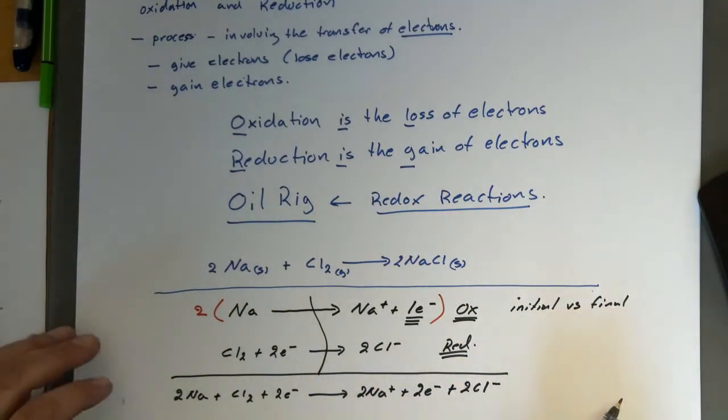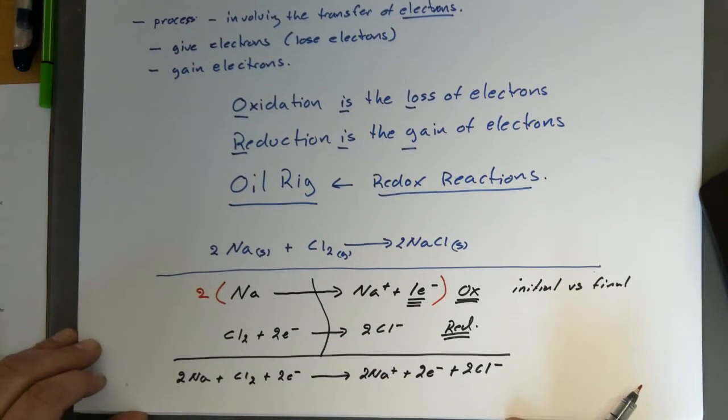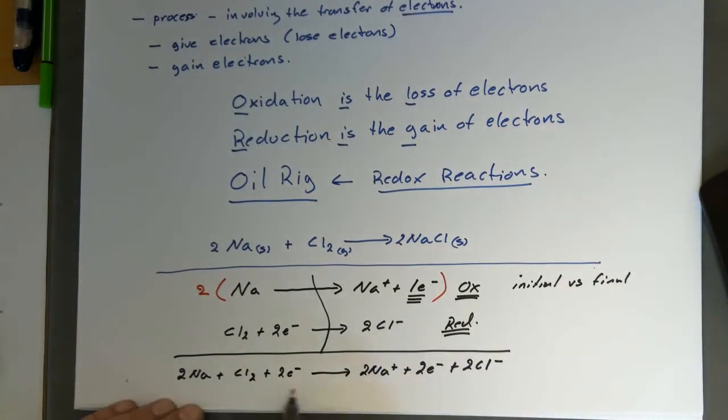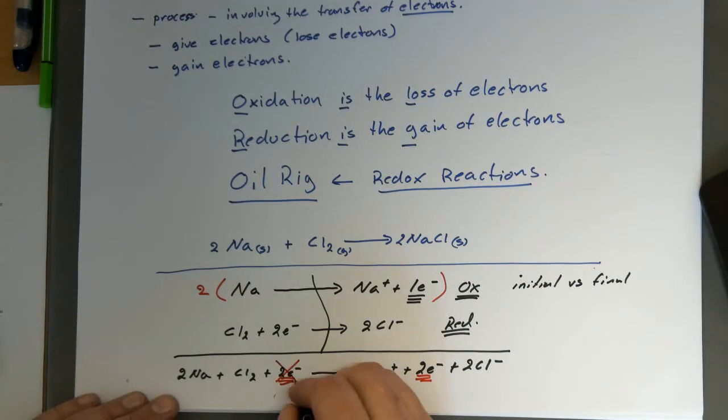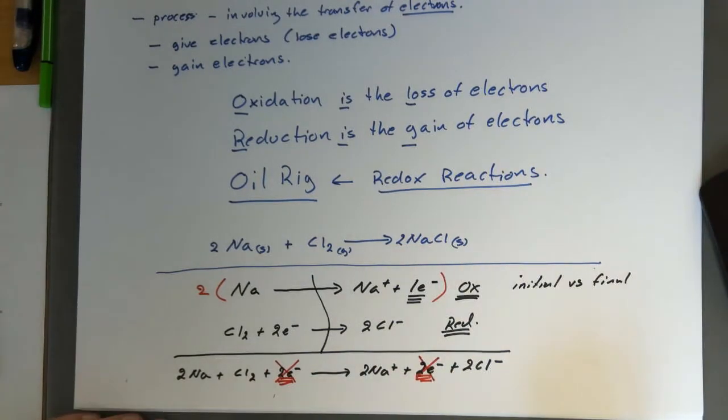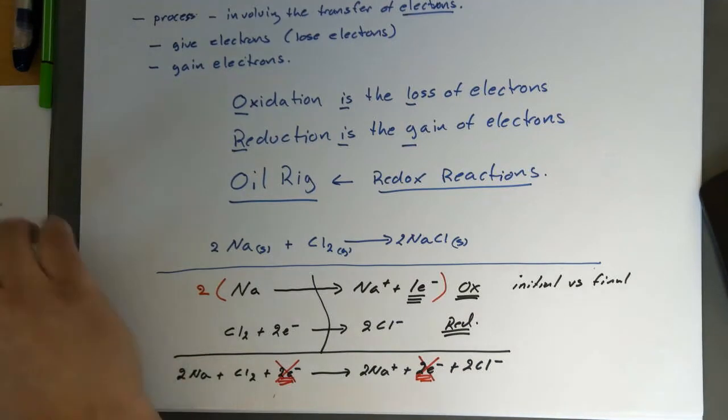The ultimate goal of any redox reaction that is balanced has to be that the electrons on both sides are the same, because you can't lose electrons that aren't gained by something else. Redox reactions are always coupled. There's always something being reduced, and there's always something being oxidized. This is the way they work. So the electrons, since they're on both sides of the reaction in equal amounts, they cancel.